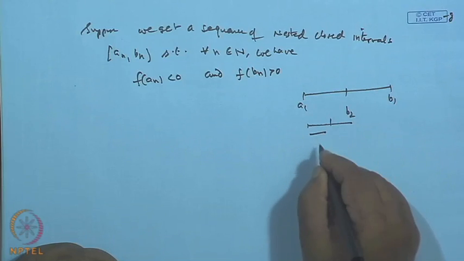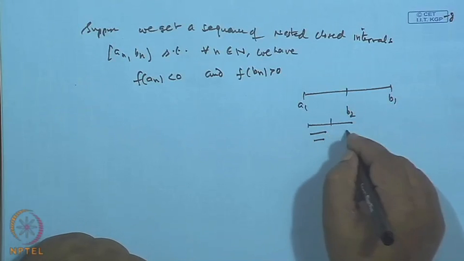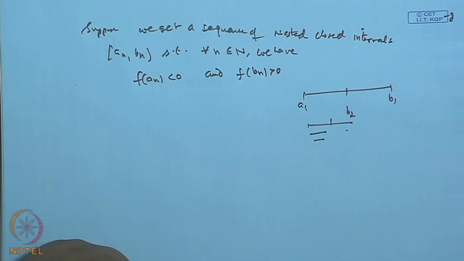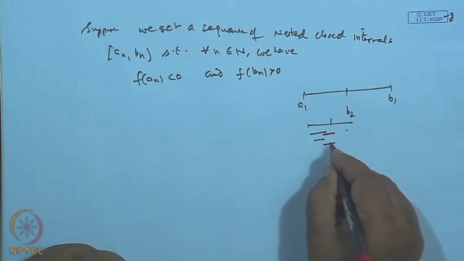Sometimes here or there, the possibility may be like this also, that instead of this we get this, or maybe this, and so on.